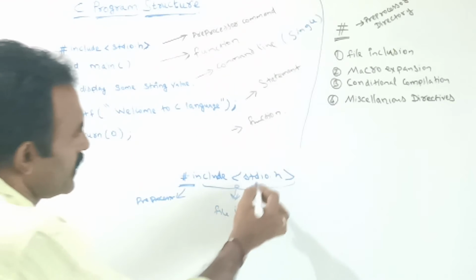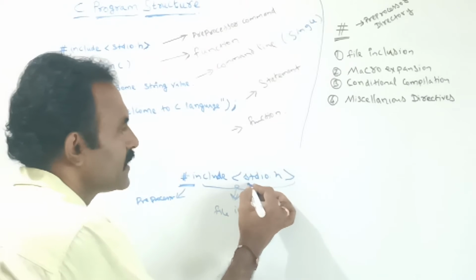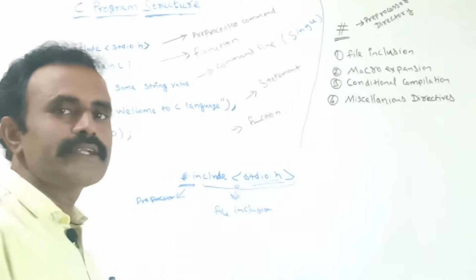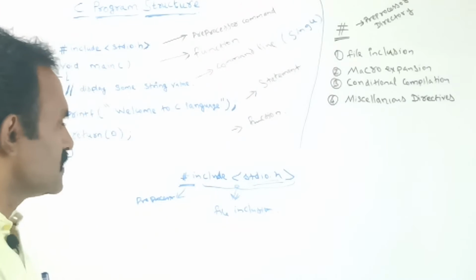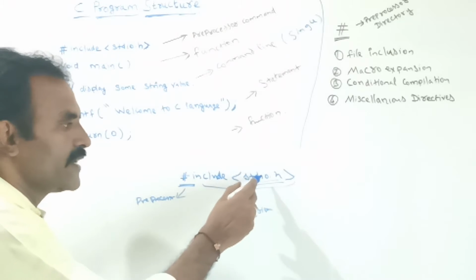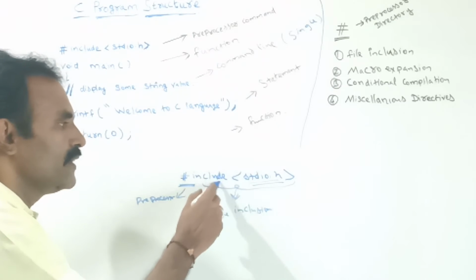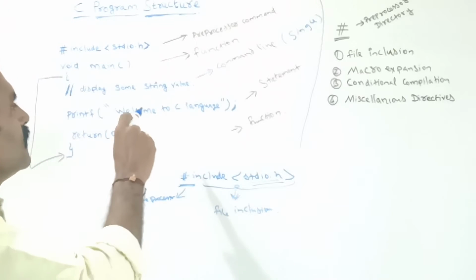See, next one, here file inclusion stdio.h. This header file contains a number of built-in functions. By using these preprocessor directives, we can include the header file in our source code.